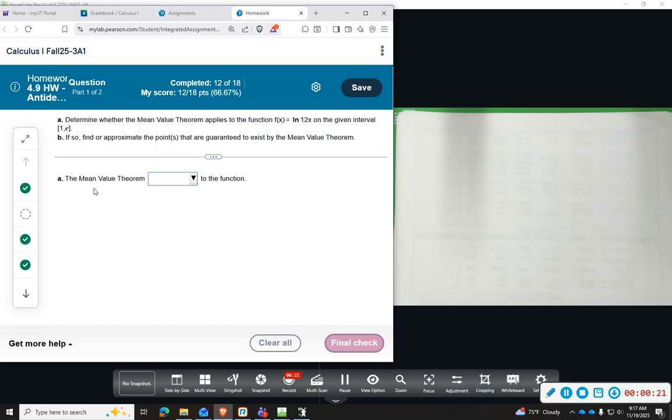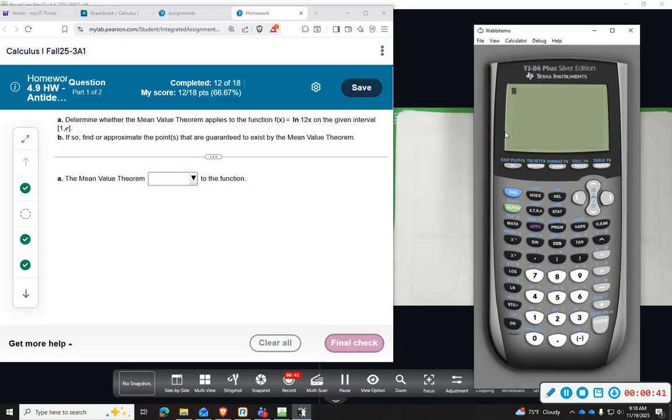So the mean value theorem just says our function has to be continuous, and we can evaluate by plugging in a 1 and an e into this function. We do know the natural log is a continuous function. If you want to check values with a calculator just to see if they exist, these two values do exist.